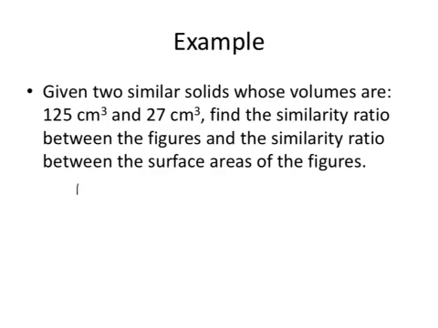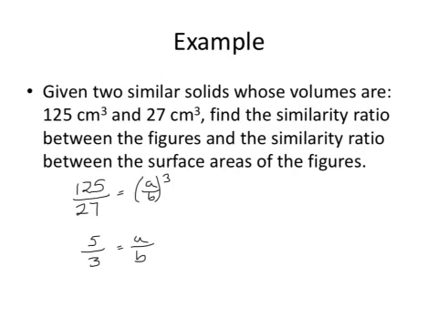So if we're looking at 125 divided by 27, that's going to be equal to some similarity ratio A over B cubed. So if I take the cube root of 125, I get 5. If I take the cube root of 27, I get 3. So my similarity ratio is 5/3.